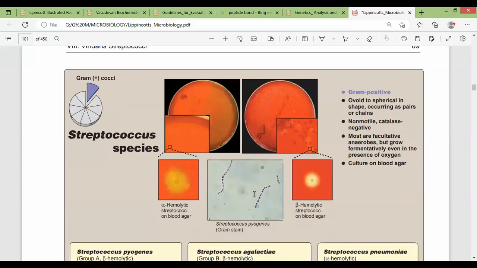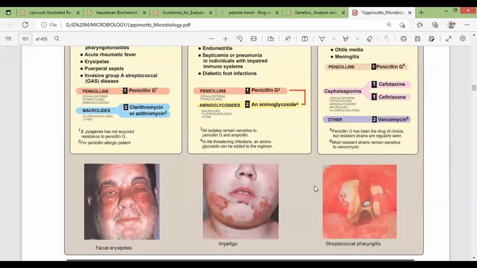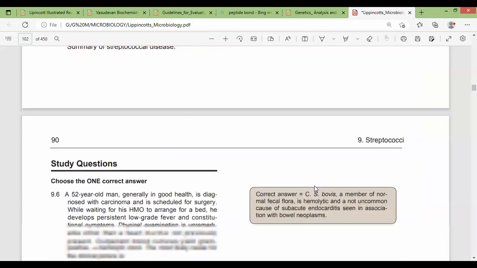We say they are facultative anaerobes, same as the staphylococci. Alpha hemolytic, you can see here, this is partial breakdown. Beta hemolytic, we can see complete breakdown. It's broken down all the RBCs around it. And for the beta hemolytic, we saw it's group A and group B. Those are the beta hemolytic. Alpha, we saw Strep pneumoniae, right?